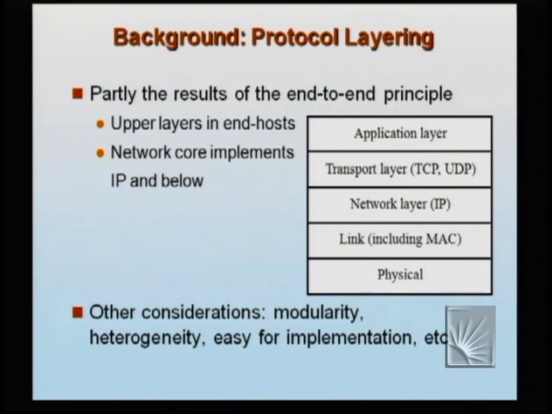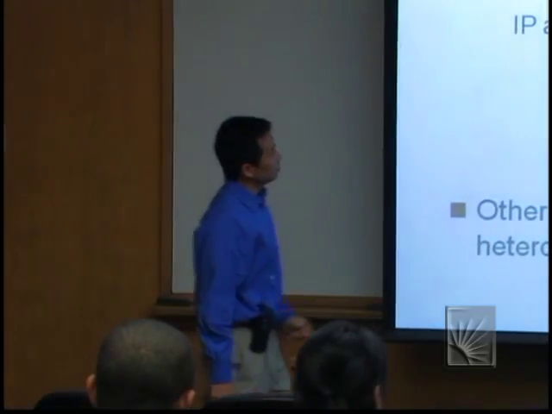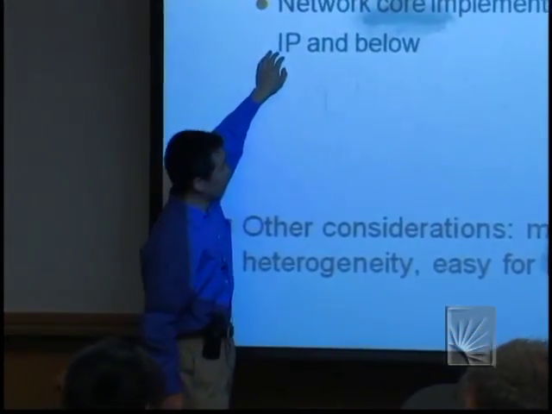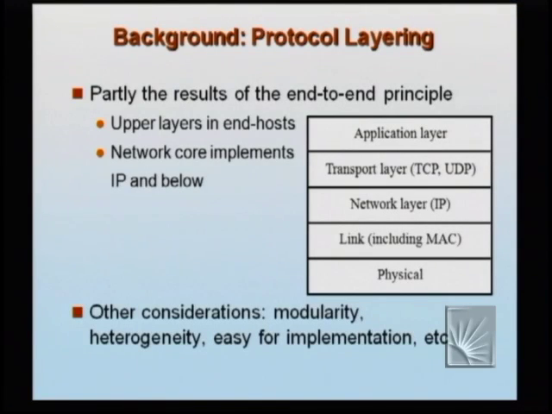You can see from this picture that everything above the network layer, meaning applications and the transport layer, is implemented in the end hosts. The upper layers are in the end hosts only. The network core implements IP, the network layer, and everything below.